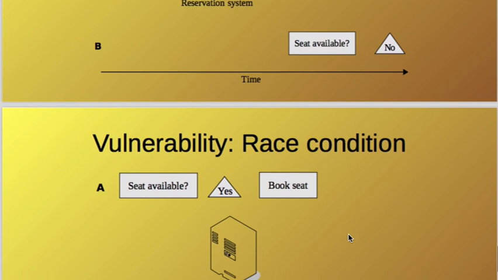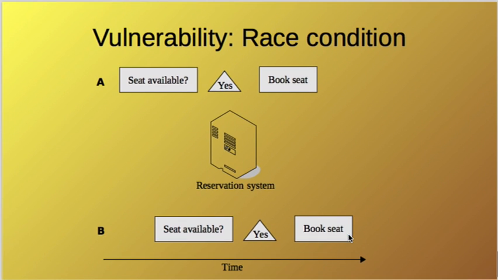Race conditions happen when there are two things sort of happening at the same time. So for example, person A checks, is this one seat available? The reservation system says yes, because it is. And right at the same time, person B asks, is the seat available?